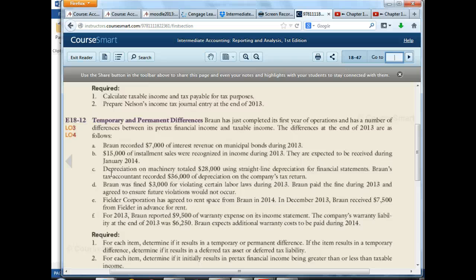So are they going to be paying more taxes in 2013 or more taxes in 2014? More in 2013. Perfect. So because they're paying more in 2013 and less in 2014, will that be a deferred asset or a deferred liability? Deferred asset.